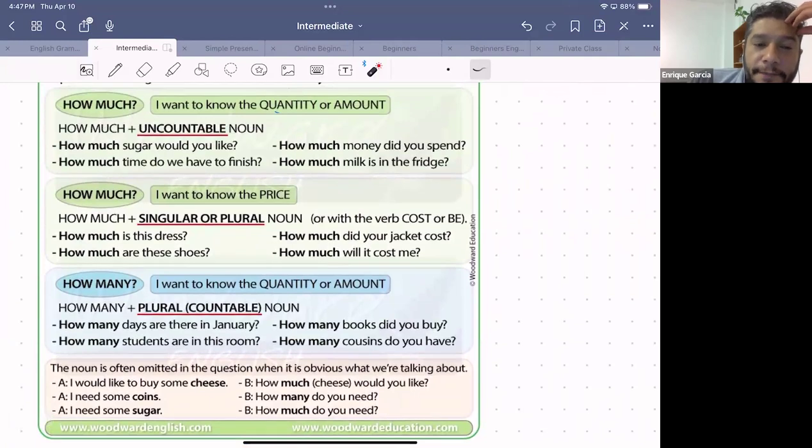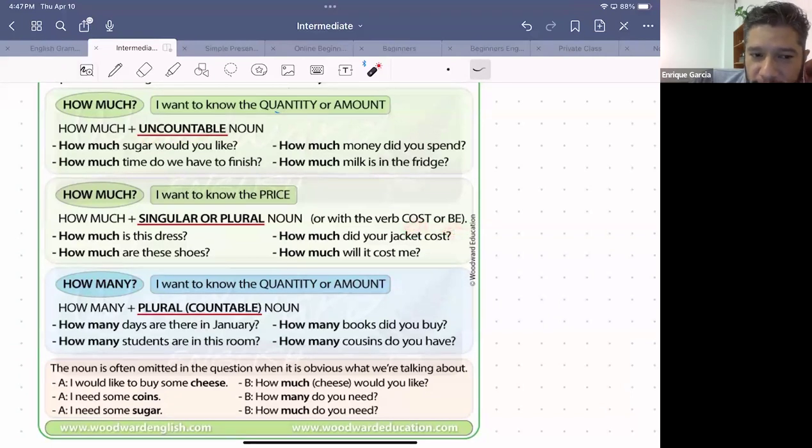How much lo podemos utilizar para cosas, personas o lugares no contables, y también con cosas, personas o lugares singulares o plurales, utilizando el verbo to be o el verbo cost.